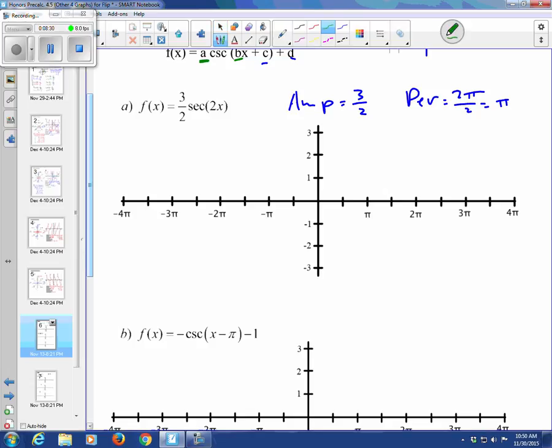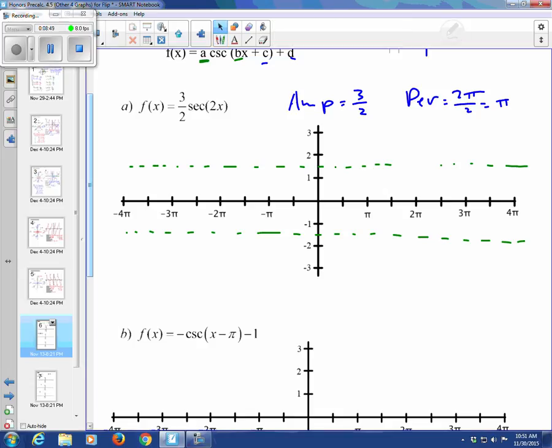That means that for the graph of secant, we are going to see our extrema happen at 3/2, or 1.5 instead of 1, and negative 3/2 instead of negative 1. So we'll see those mins at 1.5 and those maxes at negative 1.5. We can say that we're going to see an entire period happen in pi, right?